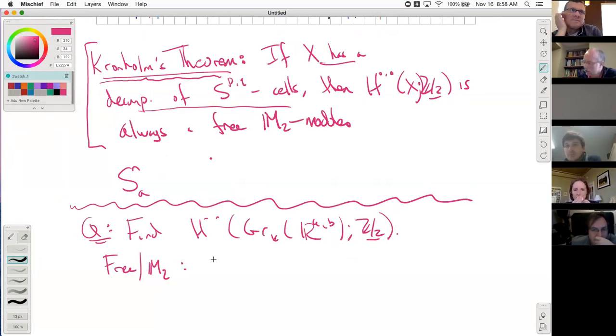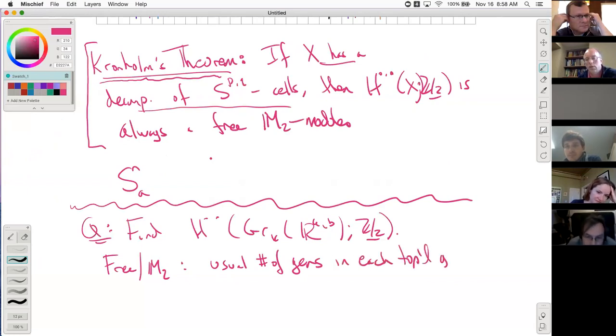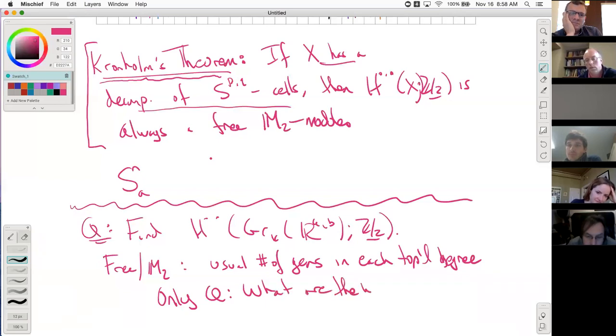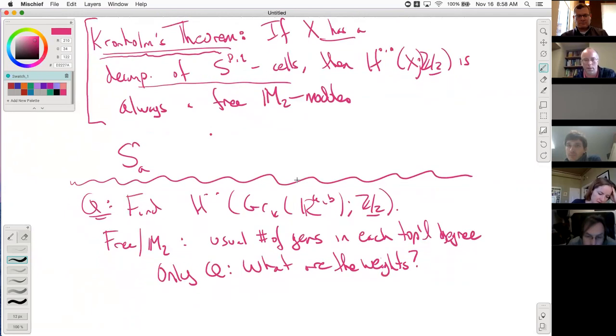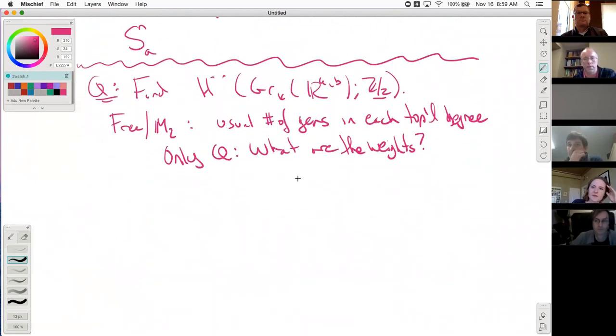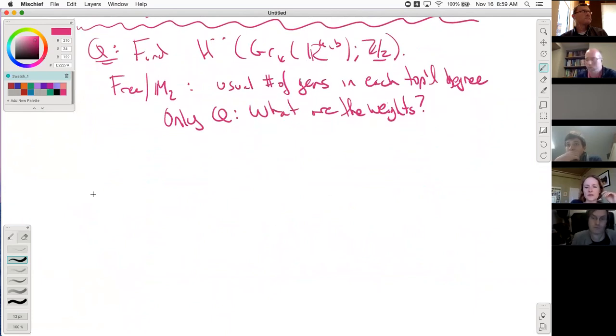And the generators, it's the usual number of free generators in each topological degree. And the only uncertainty is what are the weights. So it doesn't seem like this should be a hard question, but it's unknown, and we've been struggling with this for years. Let me just tell you a little bit about what's known about it.